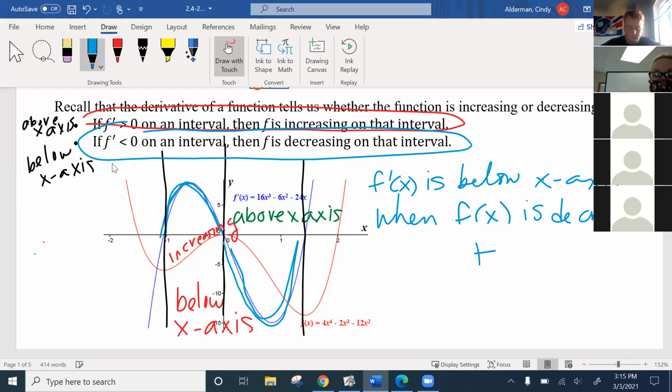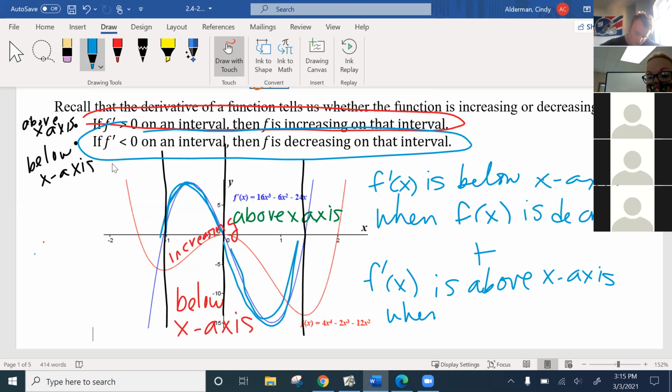And f prime of x is above the x-axis when f of x is increasing. So you could go either way with it.